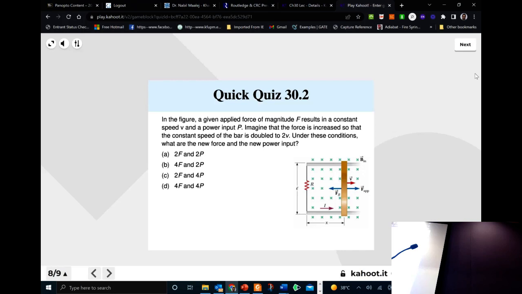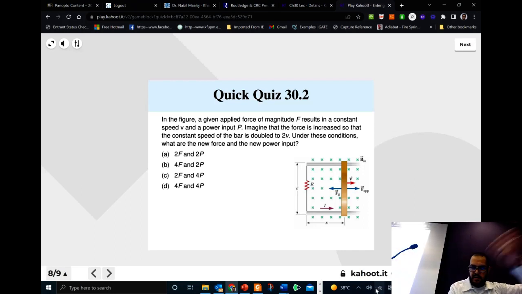Here you have 4 choices, and think about it. For those who have the slide, you can go back to the previous slide. Unfortunately, I cannot write on the Kahoot. I cannot write the equations with my pen. So if you have the slide presentation, you can.